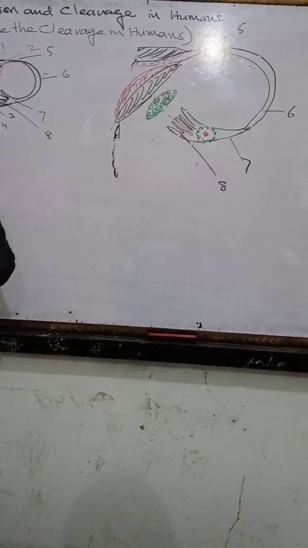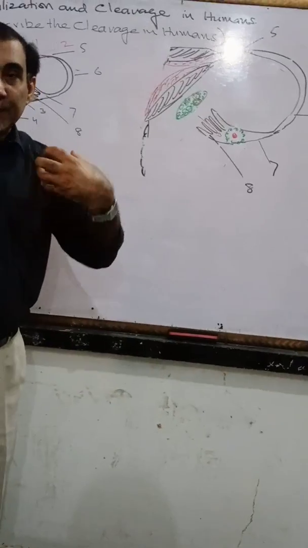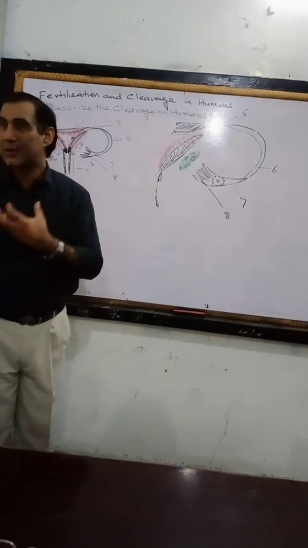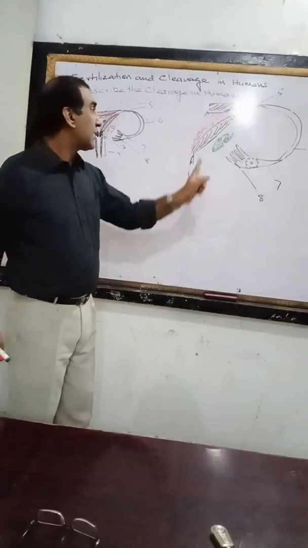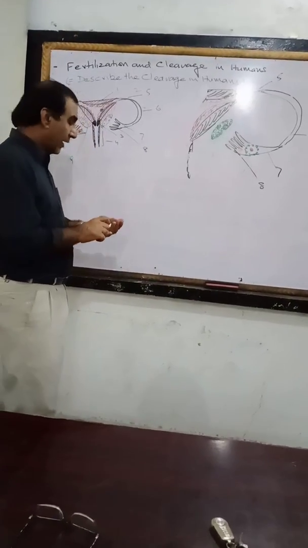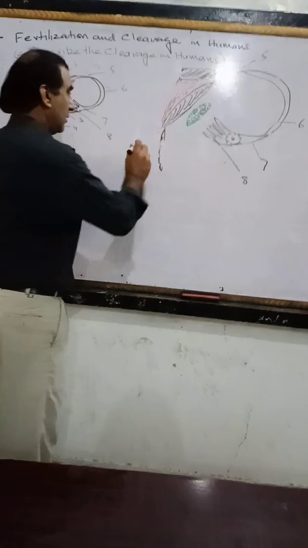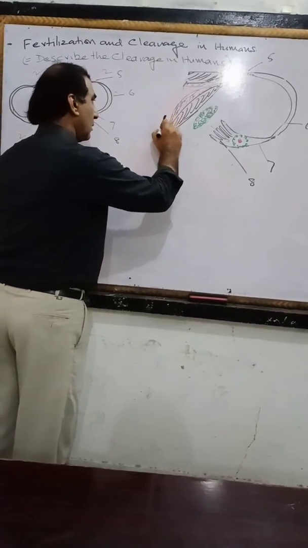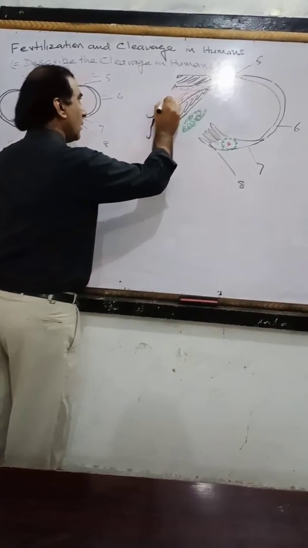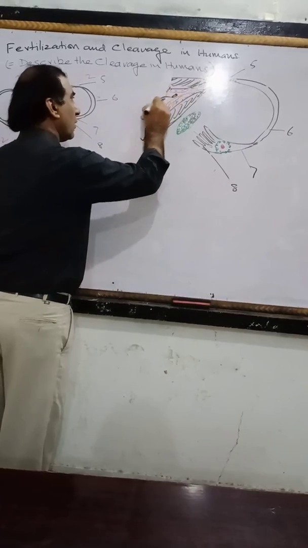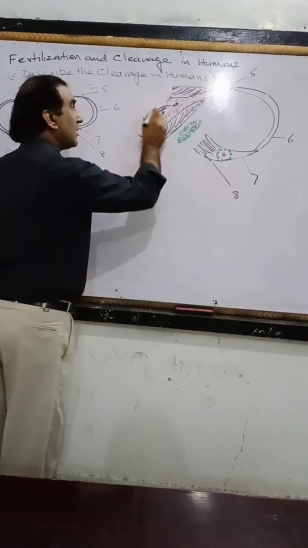In case she experiences the copulation, the sperms would move from here. There is a procession of sperms, not a single sperm.